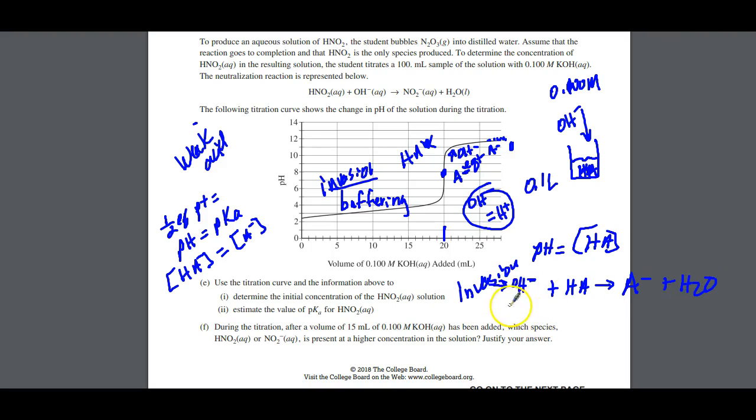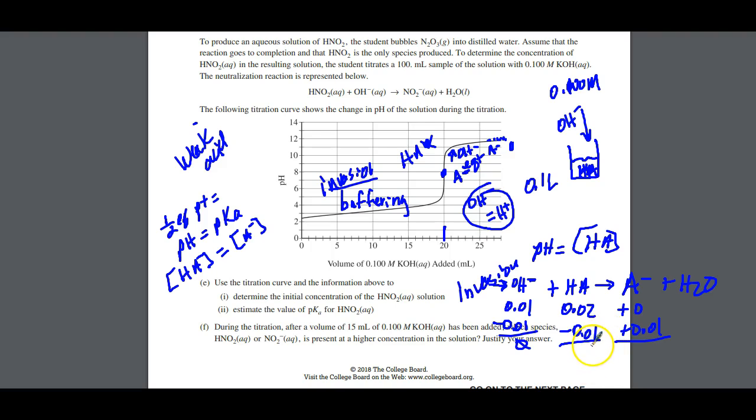Let's say it started off at 2 moles, and I added 0.01 moles. Well, who's the limiting? Take away the least, so that one got all used up, minus 0.01. And then we had to add this. Whatever was used, we had to add it over here. So this one lost that, and this one gained it.